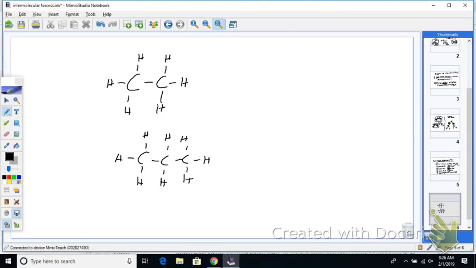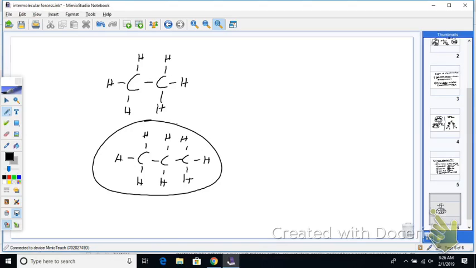Which one of those two is going to have greater London dispersion force? Bottom one, right? Questions you guys have?